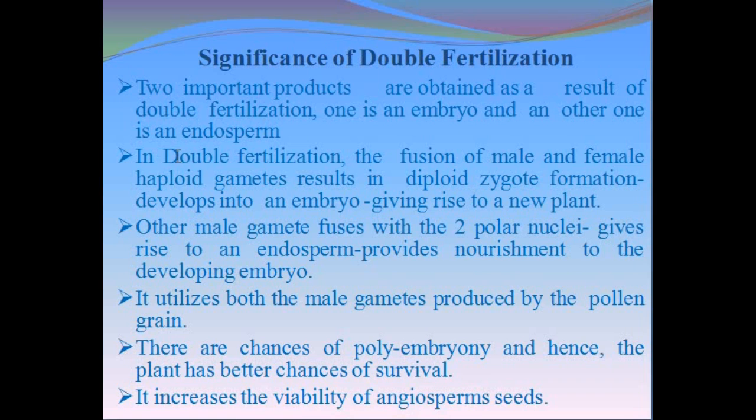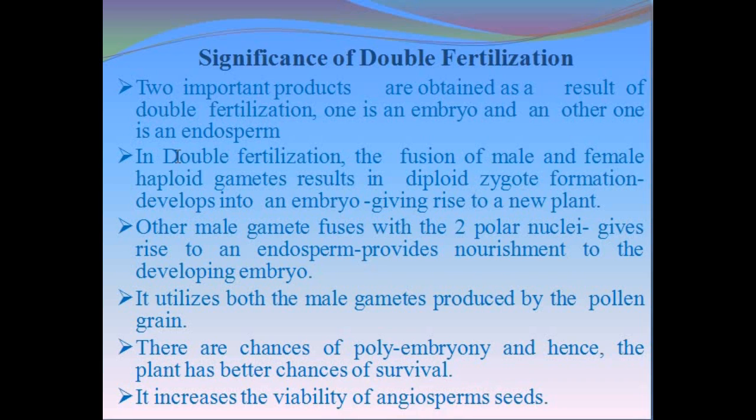Next, I'll move on to the significance of double fertilization. Two important products are obtained as a result of double fertilization. One is an embryo and another one is an endosperm. In double fertilization, the fusion of male and female haploid gametes results in diploid zygote formation, which later develops into an embryo, giving rise to a new plant.